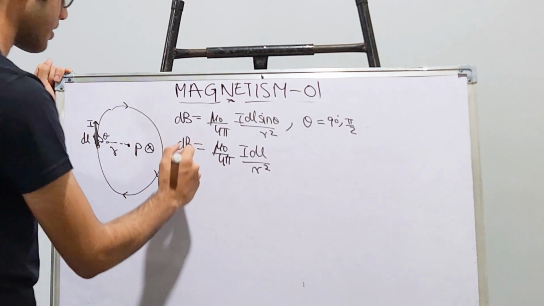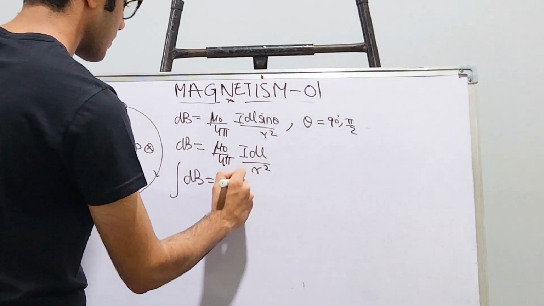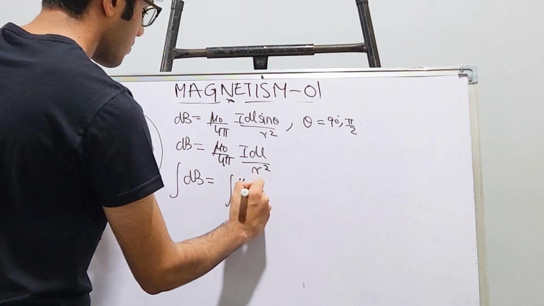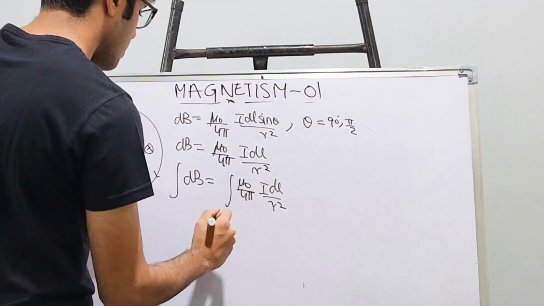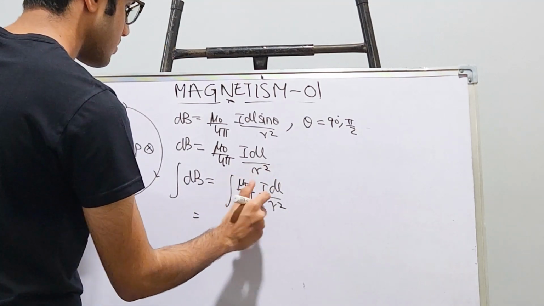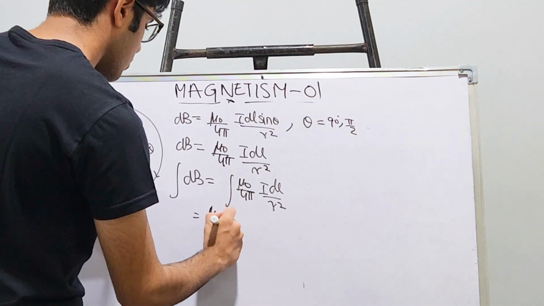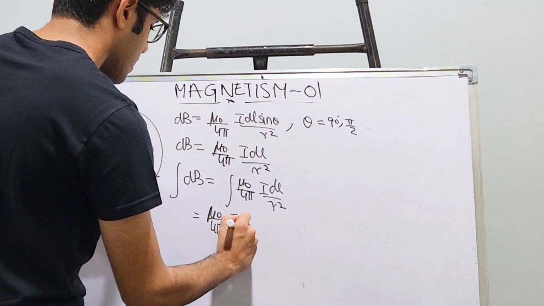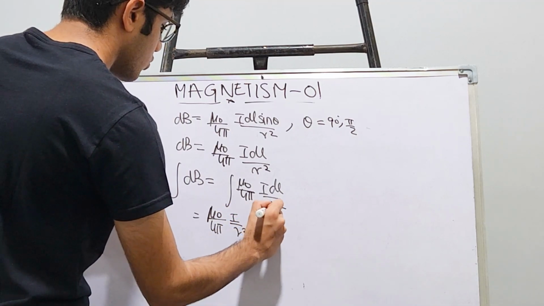So we'll integrate it. Integration of dB is actually integration of mu naught by 4 pi I dl by r squared. Mu naught by 4 pi, r square and I are all constants, so you can just take them out. Mu naught by 4 pi I by r square, integration of dl from 0 to 2 pi r.